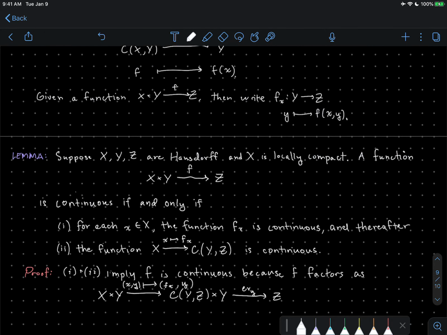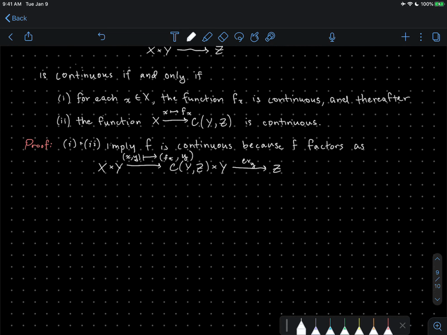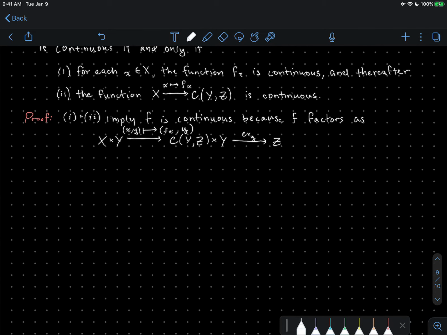Ev sub y is continuous because of the lemma. Okay, so now let's go the other direction and show that these conditions are in fact necessary.